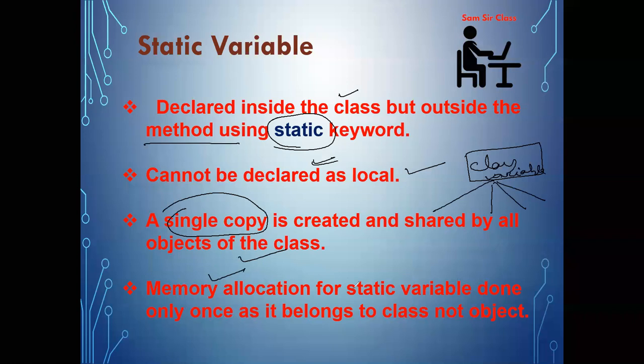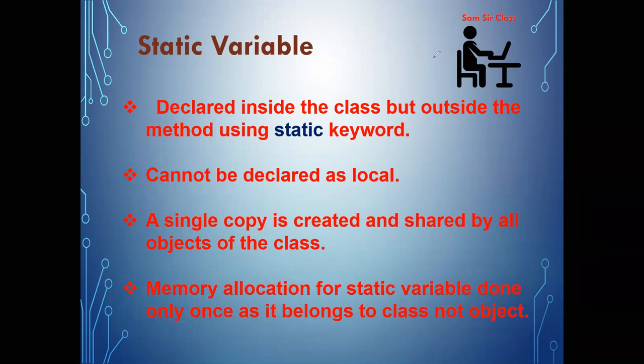The memory allocation for a static variable is done only once, as it belongs to the class, not to the object. So here you have to put the emphasis and understand the difference between an instance variable and a static variable. An instance variable is object specific; a static variable is class specific. Clear? A single memory is allocated for the static variable and it is accessed by every other object of that particular class.